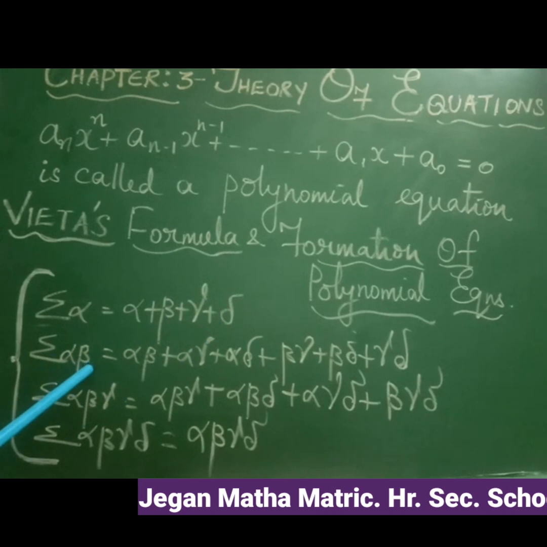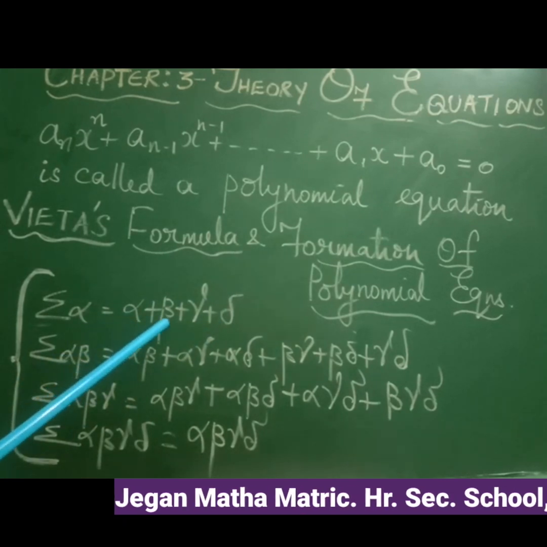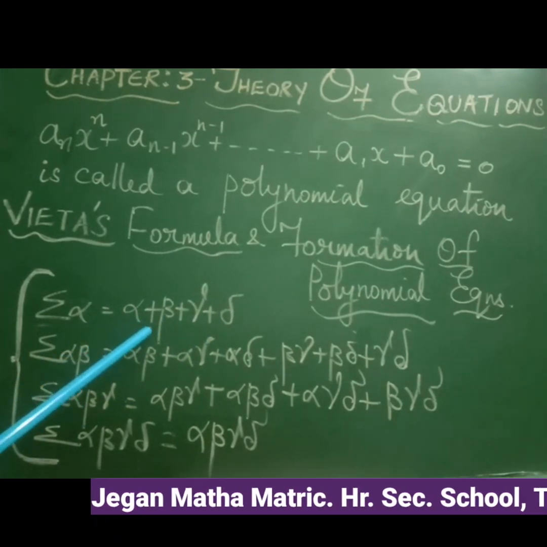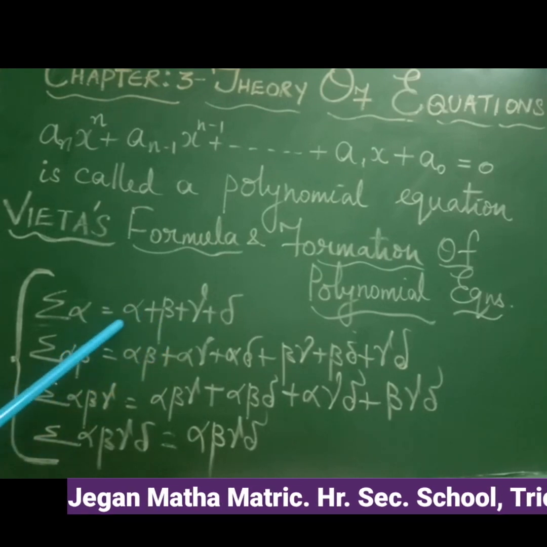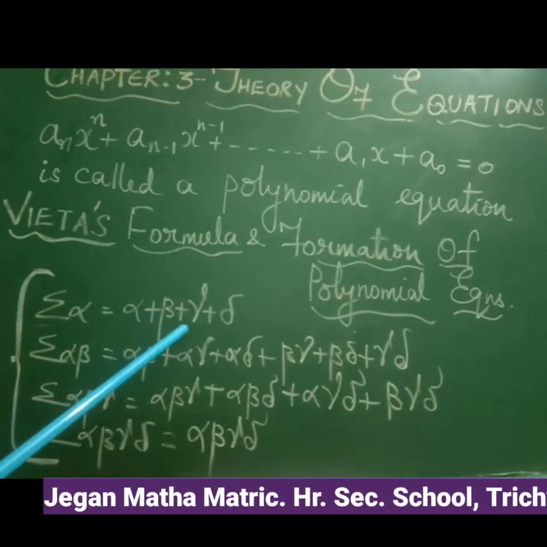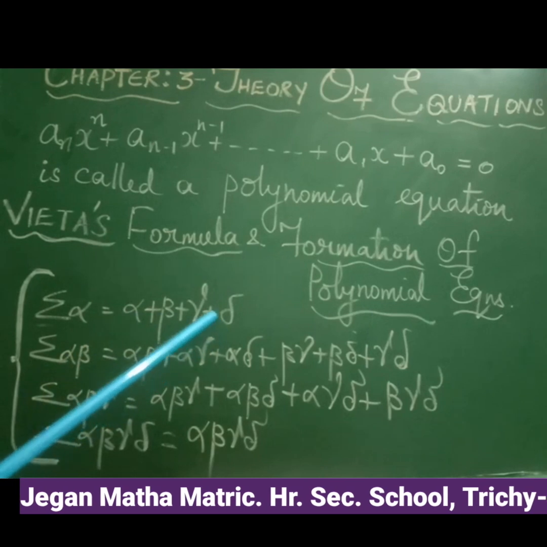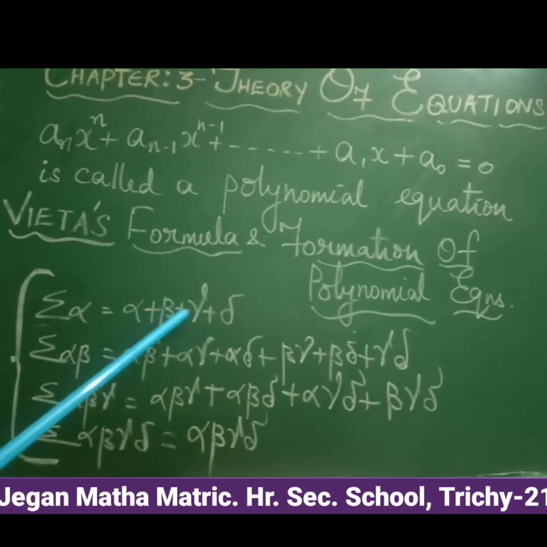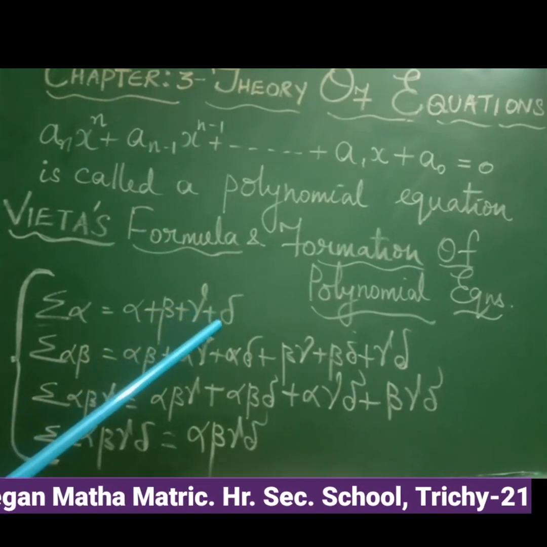Sigma alpha beta means 2 roots combined together. It must be in order; we cannot take the reverse order. Alpha beta, alpha gamma, alpha delta, then beta gamma, beta delta, plus gamma delta.